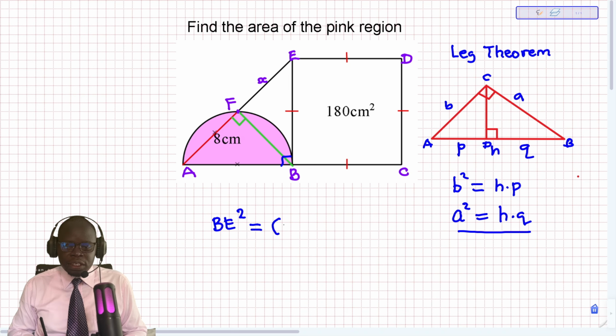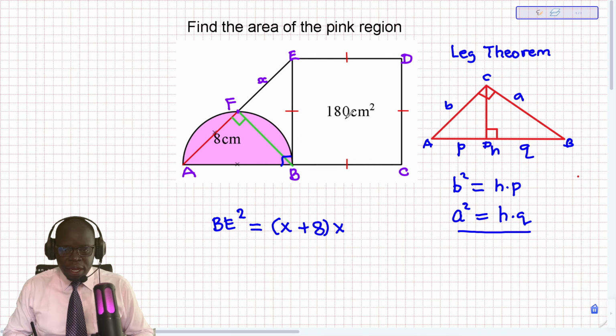And I like always starting with the letter, so let's say X plus 8. And this must be multiplied by the projection of BF to EF, and that is X. So when we take a look at BE, BE is the side of this square. The area of a given square is side times side, which is the same as this BE square.